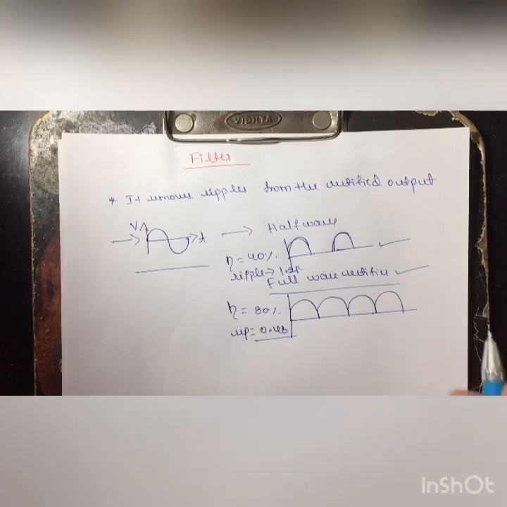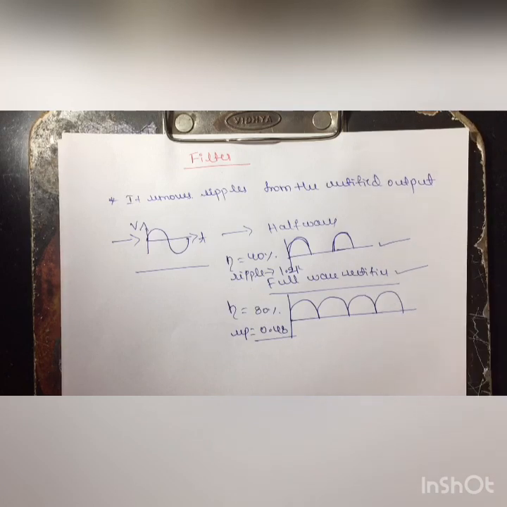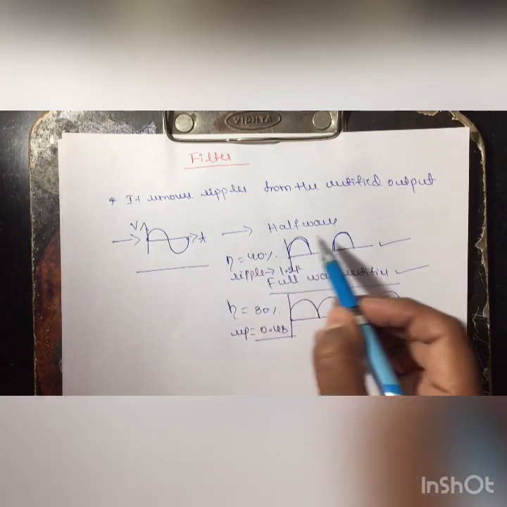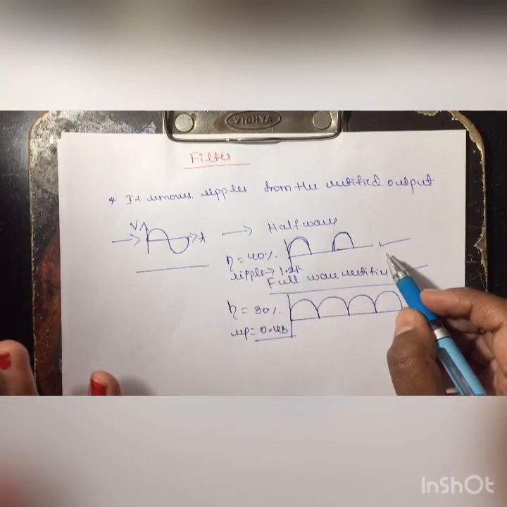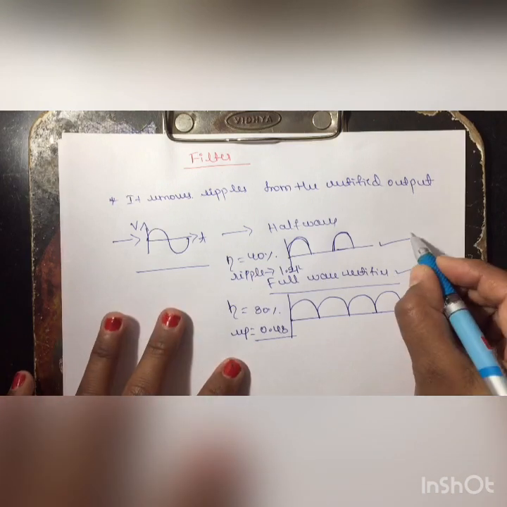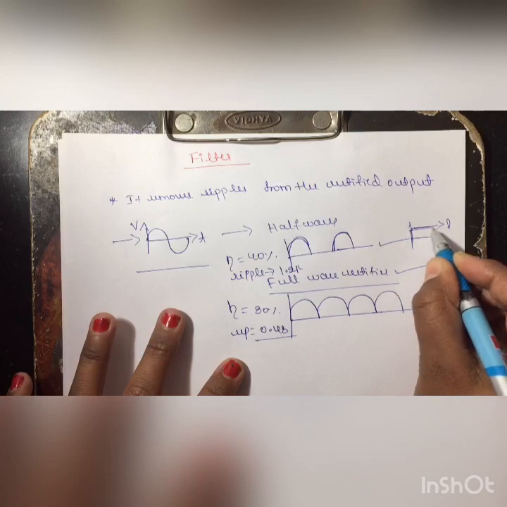So in the last class we discussed how the half wave rectifier and the full wave rectifier work. But even with the half wave rectifier we did not get a complete, pure DC voltage. Pure DC means it will be a straight line.